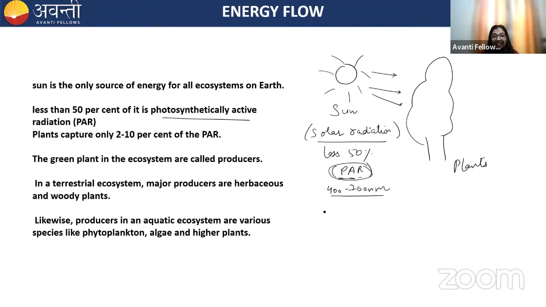So the plants can capture only 2 to 10% of the power. Remember this, that the plants can capture only 2 to 10% of the power. And the plants are known as the producers because they perform photosynthesis and make their own food.